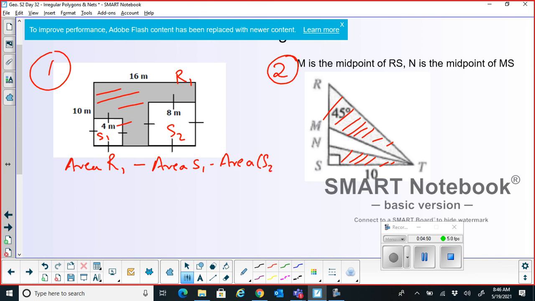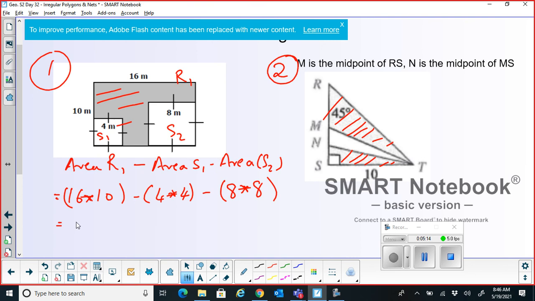They are squares because they have given that all four sides are congruent. So the area of this rectangle is 16 times 10, minus the area of the square, 4 times 4, minus this particular square, 8 times 8.